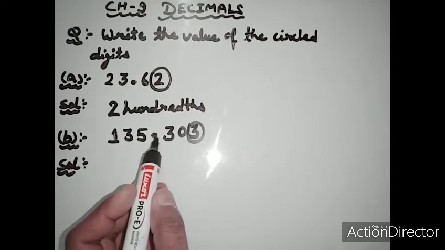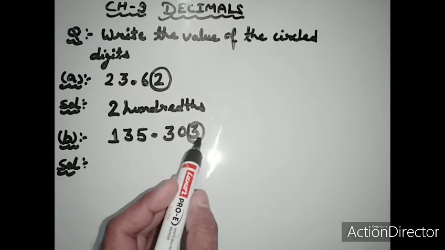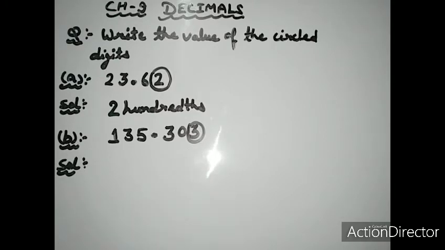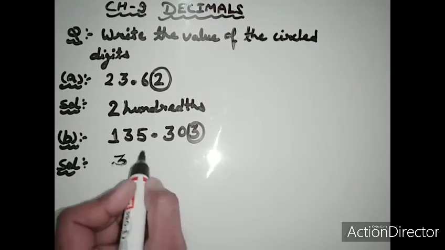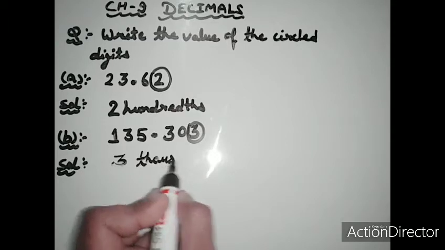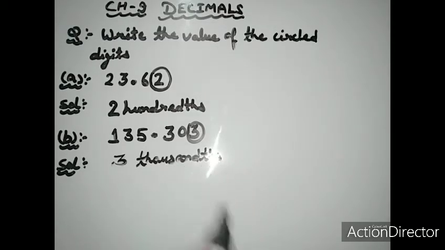Now we read the decimal places here: tenths, hundredths, and thousandths. Okay, so here we write 3 thousandths, right?